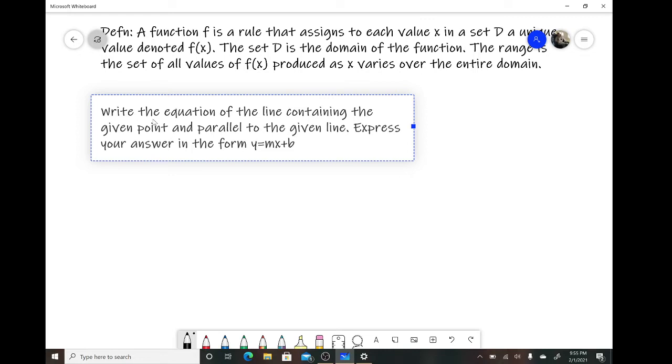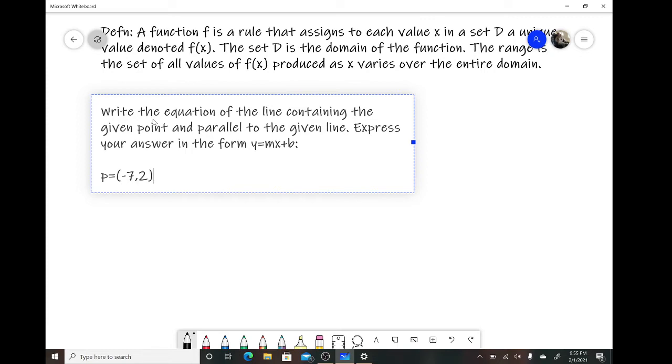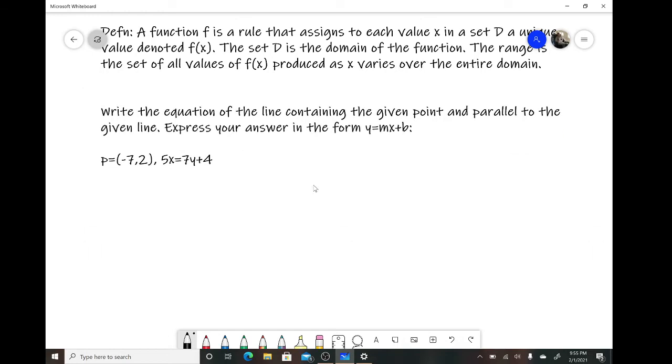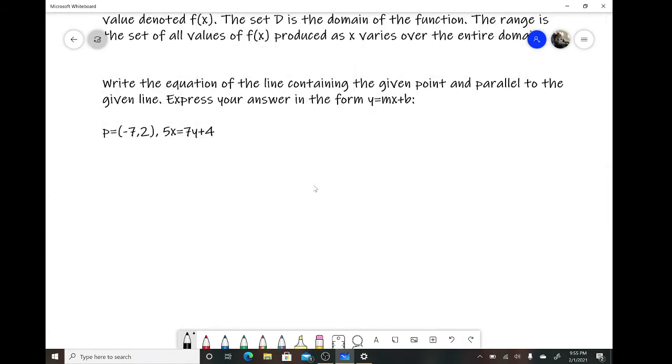And the given problem is the following. So we have the point, let's call it P, equals (-7, 2), and the function given is 5x equals 7y plus 4. This is very similar to the problem that I did when I was doing my math lab overview.